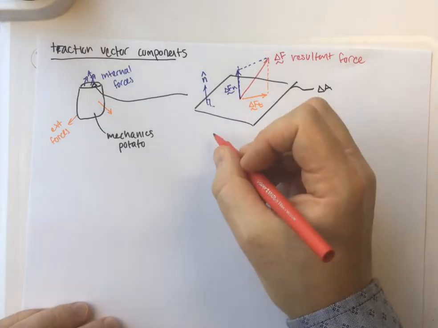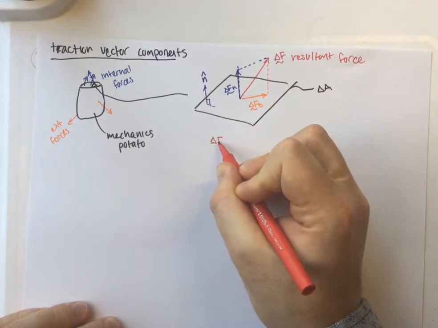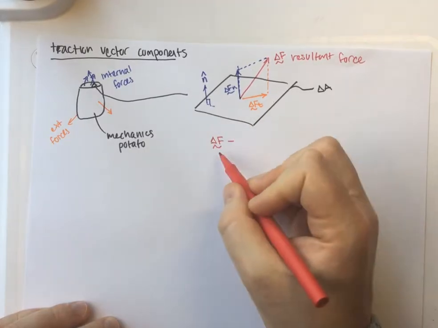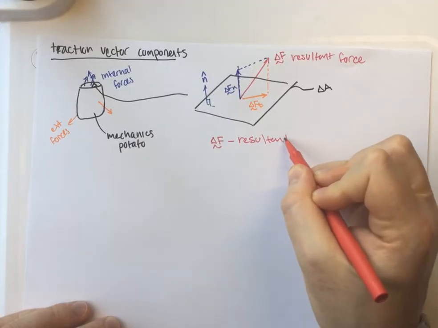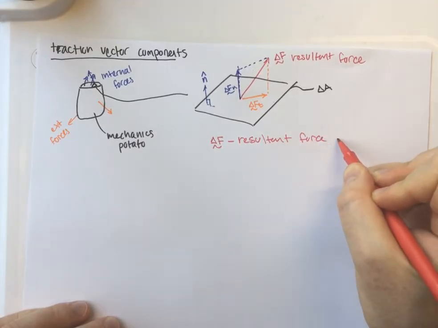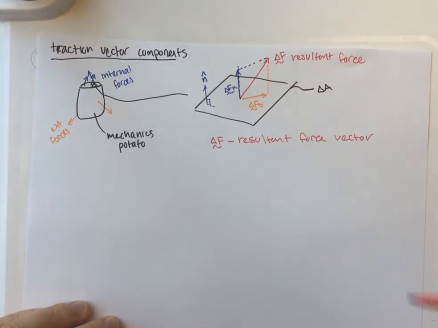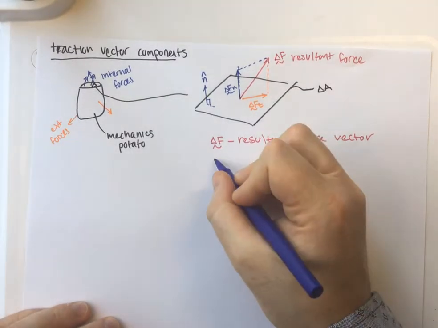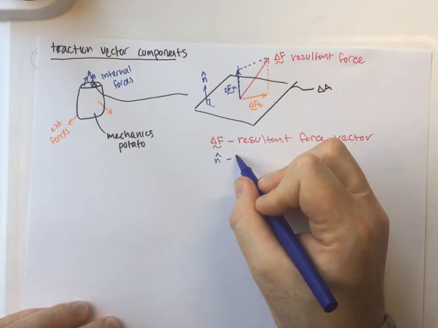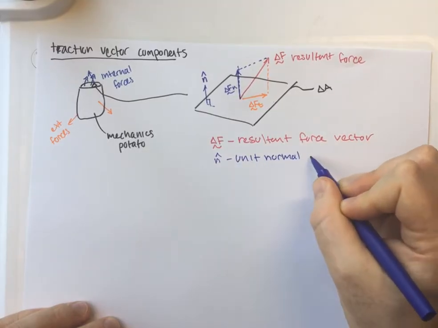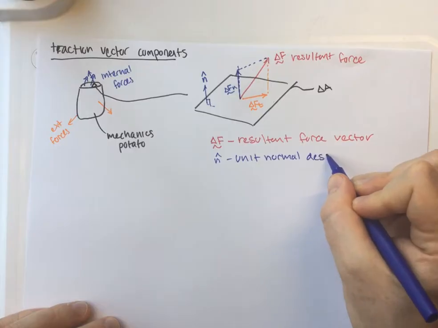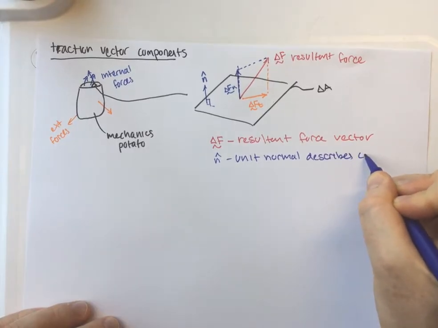So just to write all of these down, delta F with a squiggle, the vector, is the resultant force vector. And n hat, that's the unit normal that describes the cutting plane.